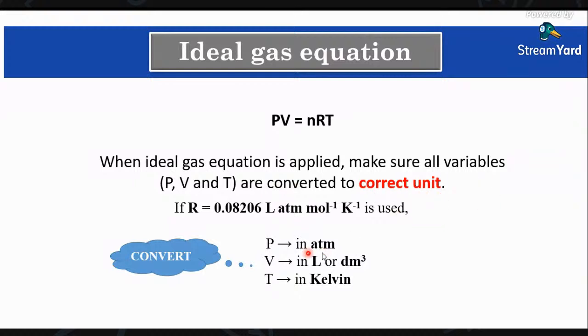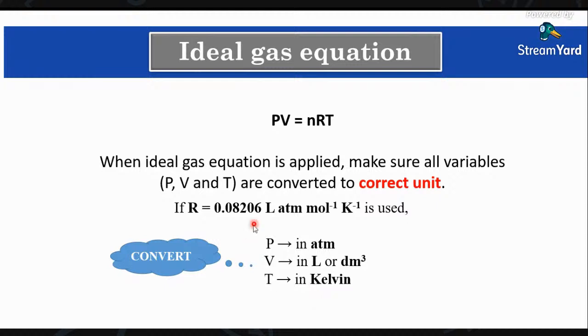For example, if you are using the R value as 0.08206 liter atmosphere per mole per Kelvin, make sure your pressure is in atm, your volume is in liter, which is the same as dm cube, and temperature must be in Kelvin.